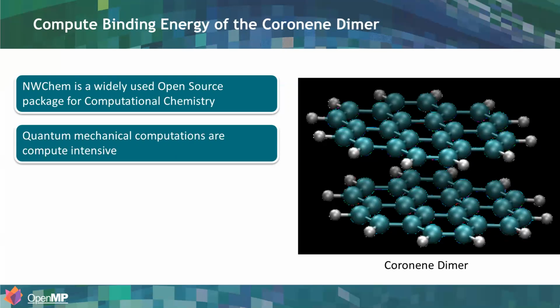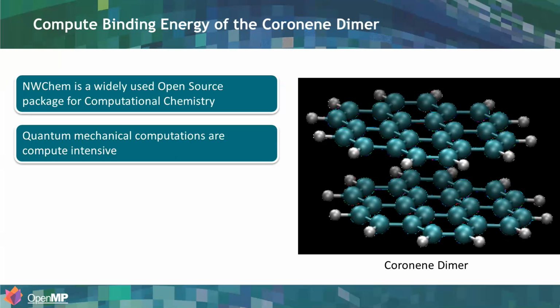In these computations, things like the energy levels of the atoms and the molecules are computed, and from there the different properties of the molecules are calculated, amongst others the binding energy.